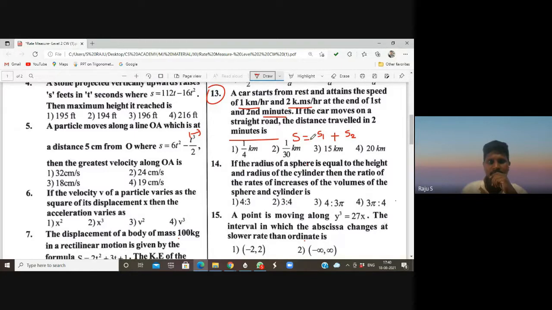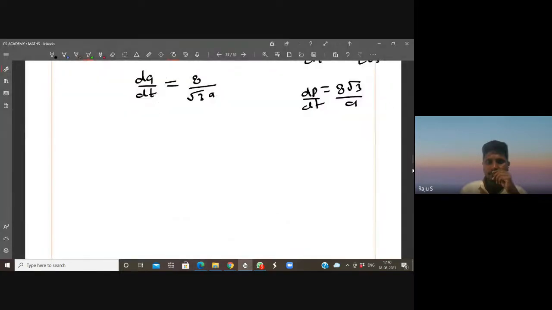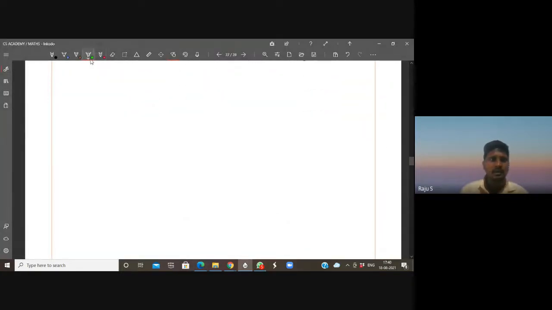Okay, students, according to the given data, what is the data they have given? I'm taking that in 1 minute the speed increases by 1 kilometer per hour. So 1 kilometer per hour, we can convert it into minutes. Shall I write 1 by 60? One hour means how many minutes? 60. So 1 by 60 kilometer per minute.